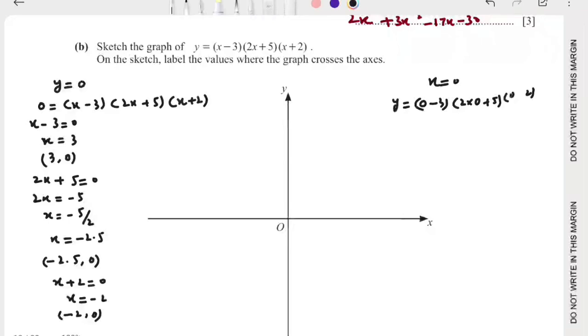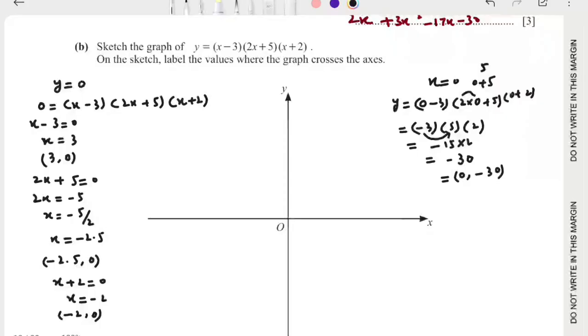So 0 − 3 is −3, and 2 times 0 + 5 is equal to 5, and 0 + 2 is 2. So we multiply −3 by 5, that is −15, times 2, and this becomes −30. So the coordinates would be (0, −30).